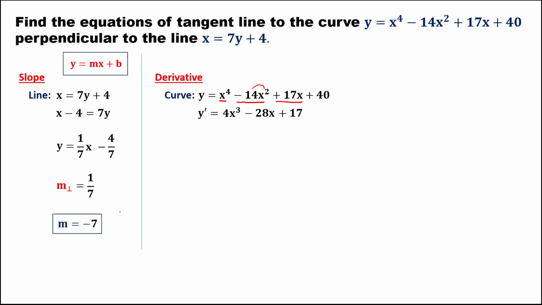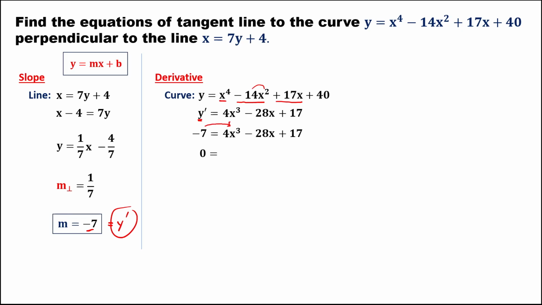Then since the slope of the tangent line is equal to the first derivative, therefore this derivative is equal to negative 7, then equals 4x squared minus 28x plus 17. Then we need to transpose this negative 7 to the other side.